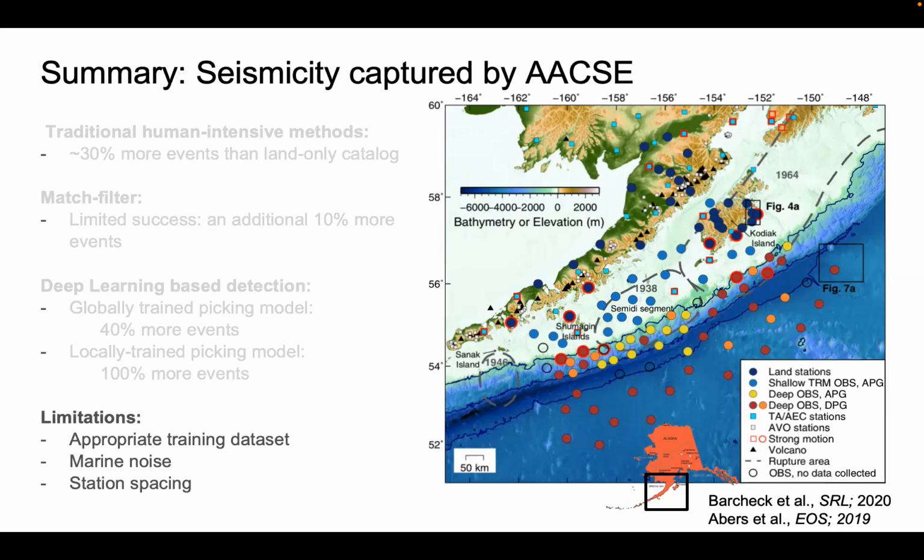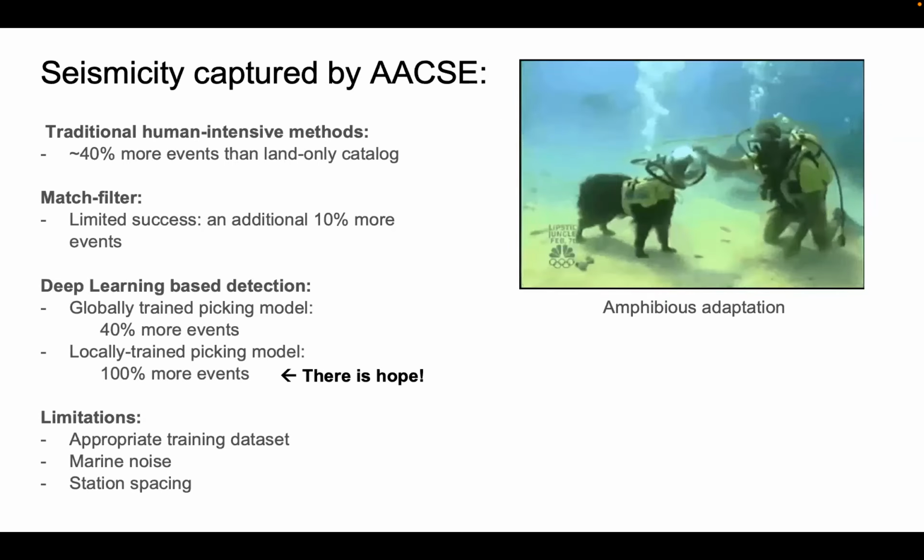So that's maybe a technical challenge we could think about addressing in the future. And then the station spacing. These stations are something like 40 to 70 kilometers apart, and so little earthquakes just don't show up at multiple stations very well. But nevertheless, when we adapt our workflows to amphibious networks, we are able to find a lot more earthquakes. So that gives me hope that we can find lots of seismicity.